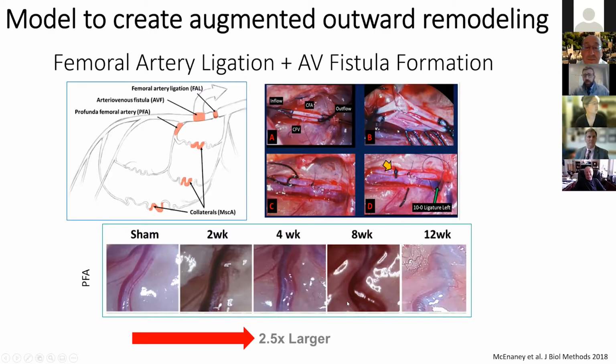And this is very effective at creating larger outward remodeling in the profunda vessel in particular. In the rat, we can see 2.5 to 3 times the diameter expansion over the sham operated vessels.